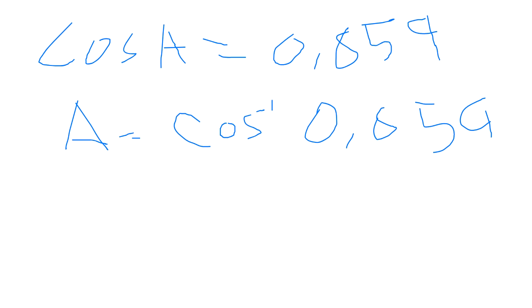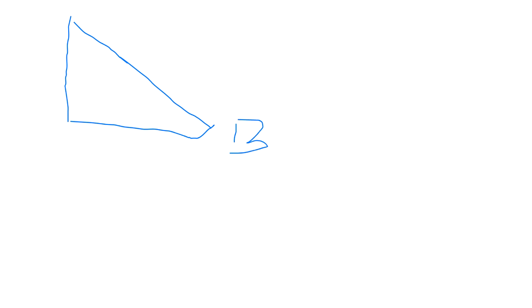We have the same triangle like this, where here will be B, here will be A, and here will be C.